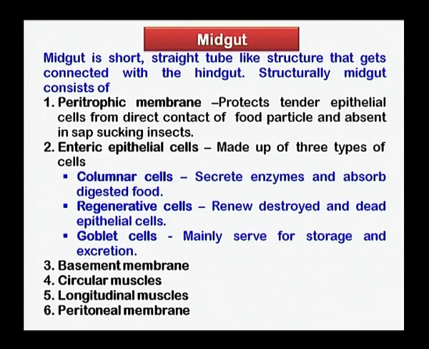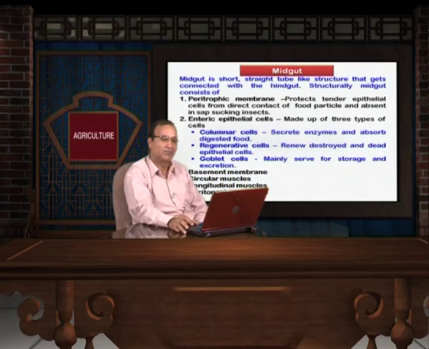The peritrophic membrane is an important layer which protects the tender epithelial cells from direct contact with the food particles, and it is absent in sap sucking insects, or the insects which feed on plant cell sap. It is absent in the plant bugs. This is one example, but there are a few exceptions also.